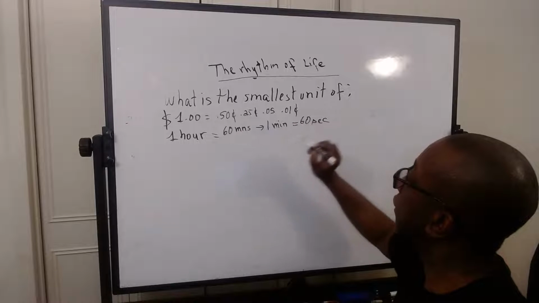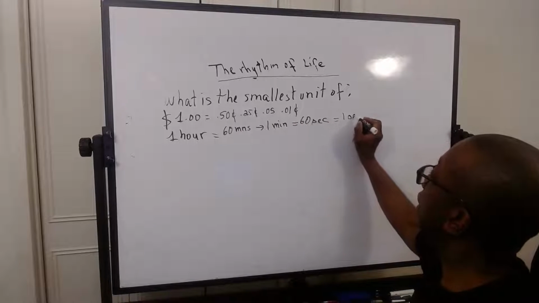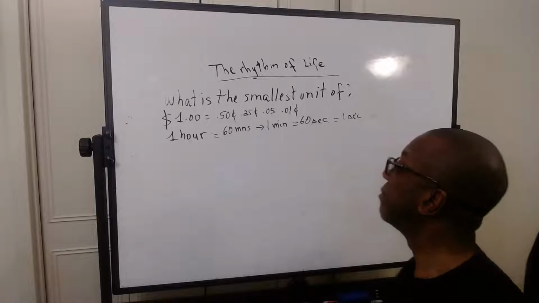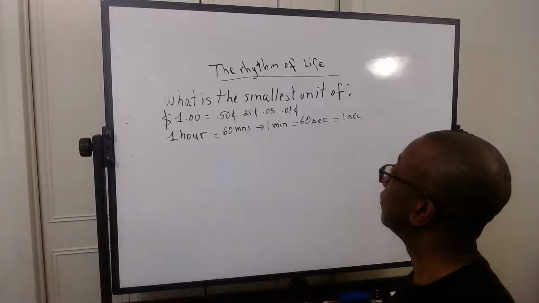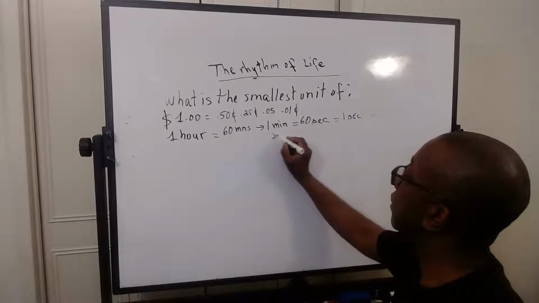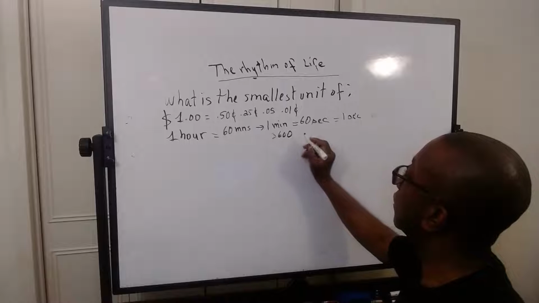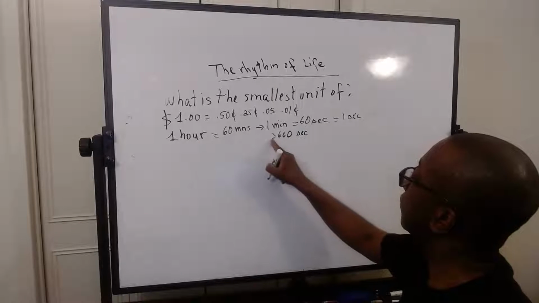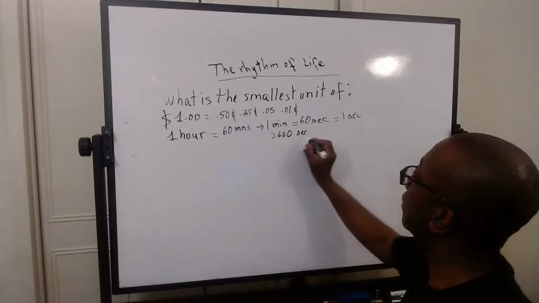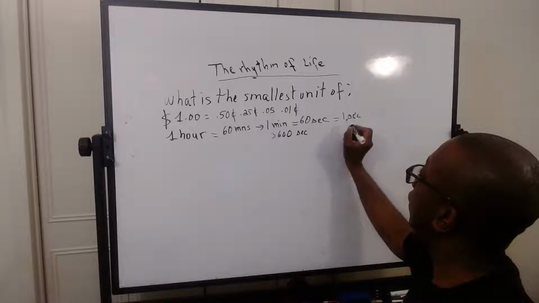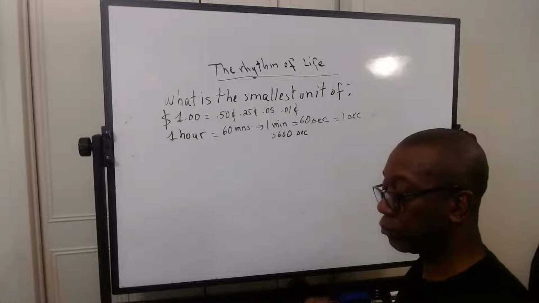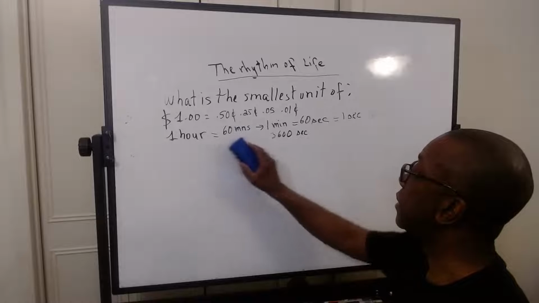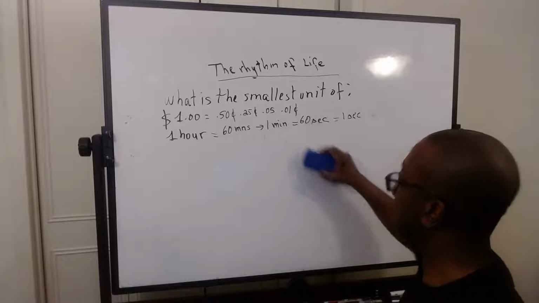The smallest is one second. The smallest unit in an hour is one second. So one minute is 60 seconds, and one second is the smallest. So I could have written 60 minutes or 3,600 seconds.